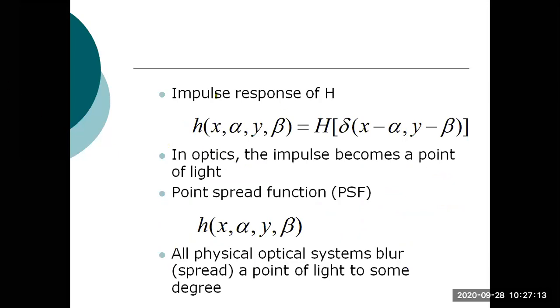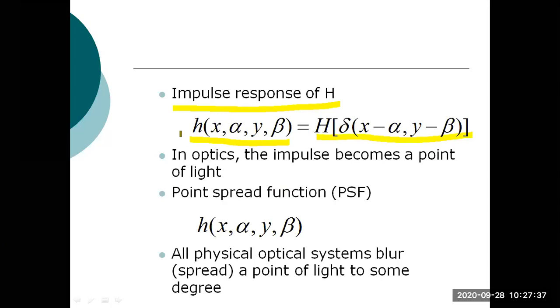Now we have to check what is the impulse response of H. Capital H is our degradation function, it is a system. Now we have to check the impulse response of this system. Already we know, this is the impulse response in spatial domain, and this is the impulse response in frequency domain.